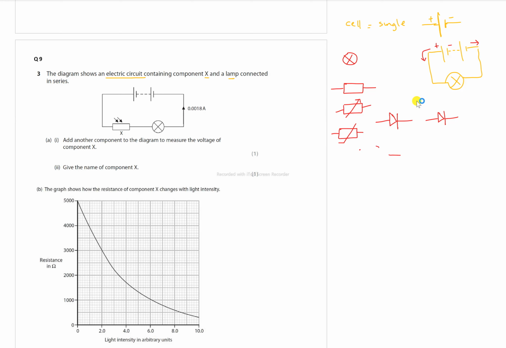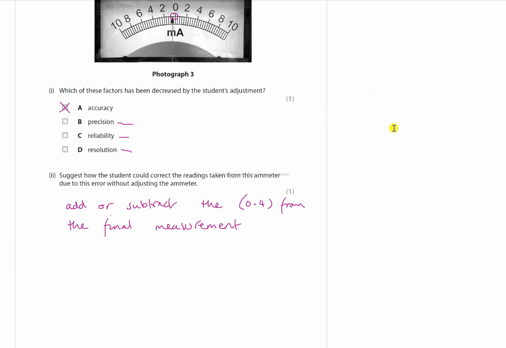Light dependent resistor. So the arrows are coming in, and light emitting diode. Oh, right, okay, no, that'll be a circle.